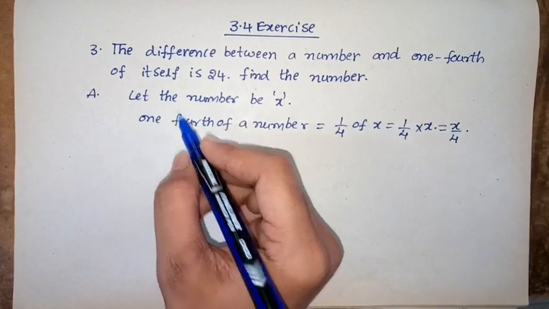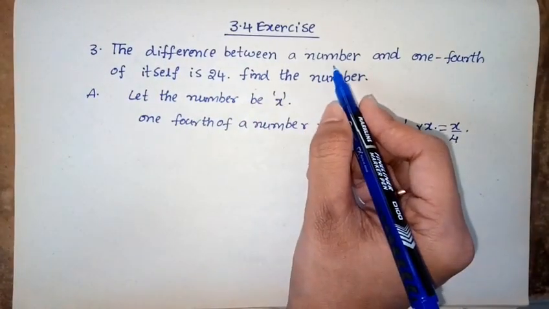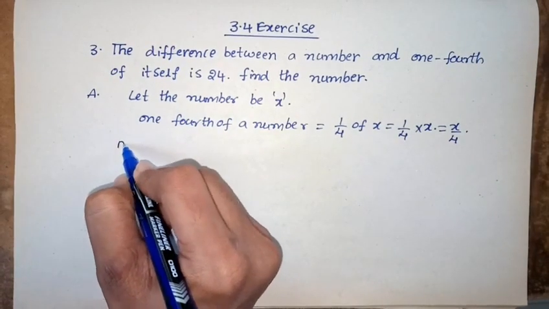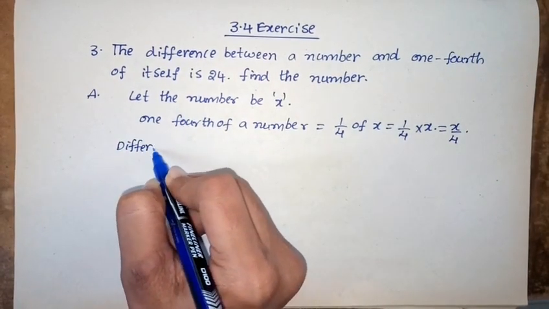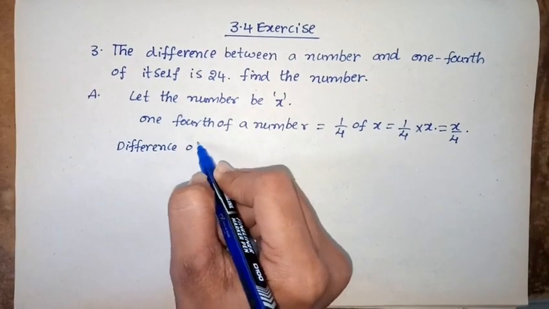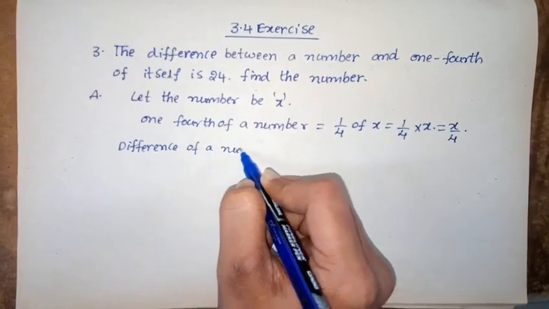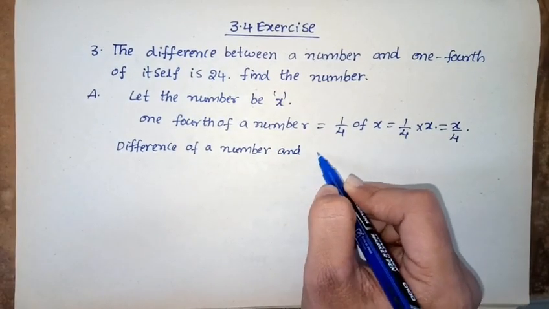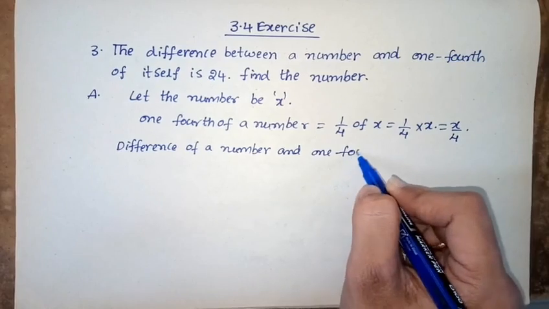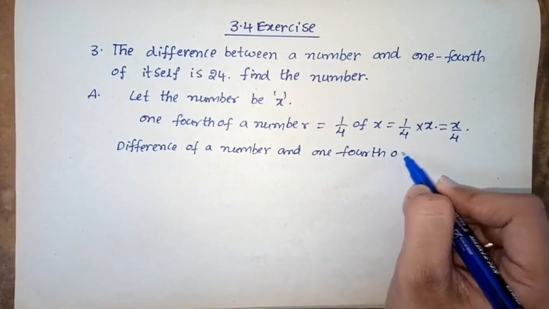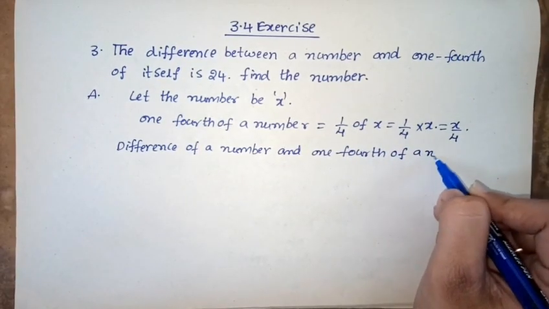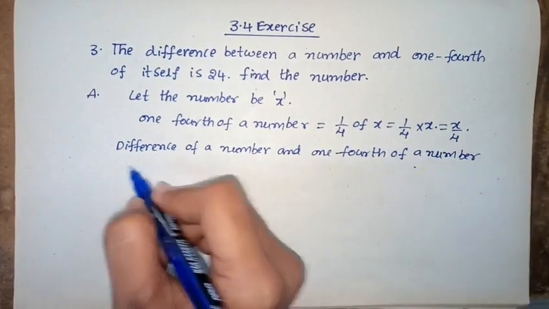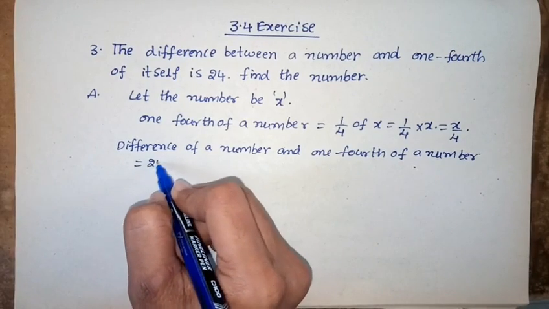Now from the problem, the difference between a number and 1/4 of the number itself is 24. So the number x minus 1/4 of the number, that is x by 4, is equal to 24.